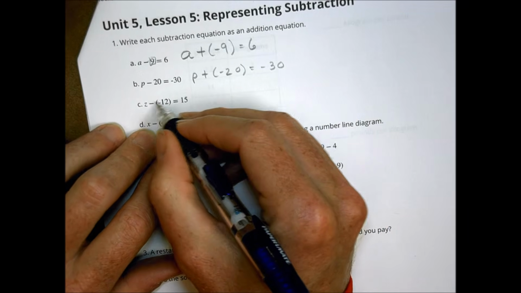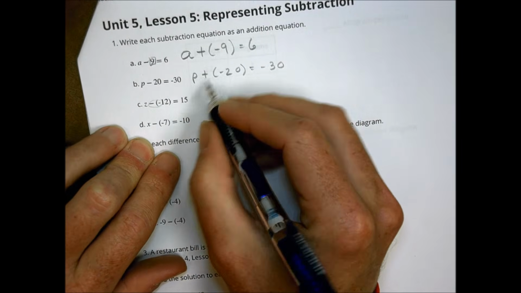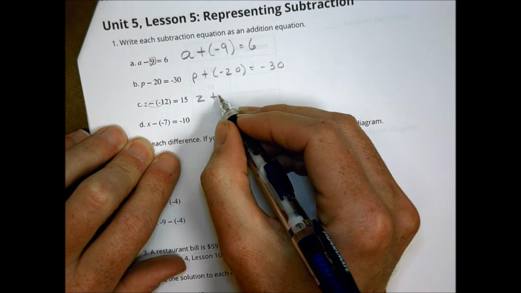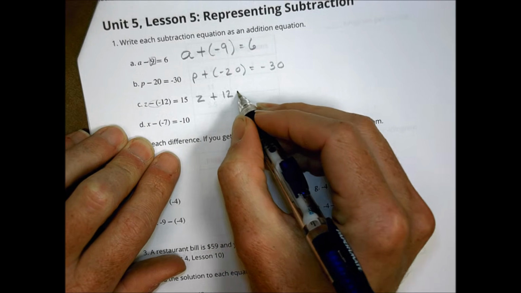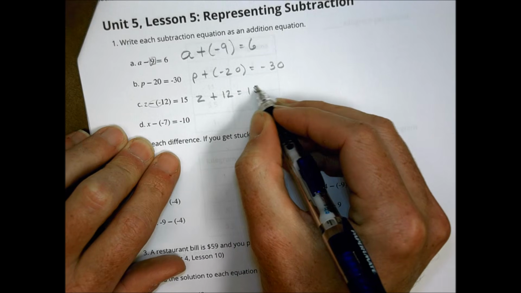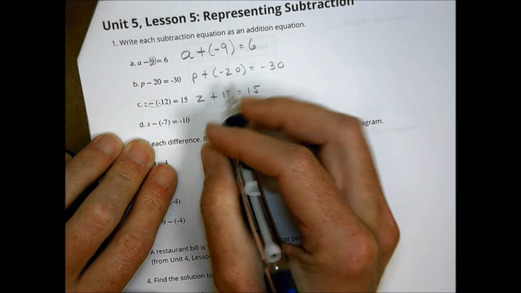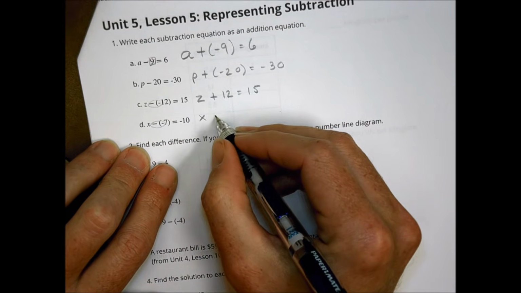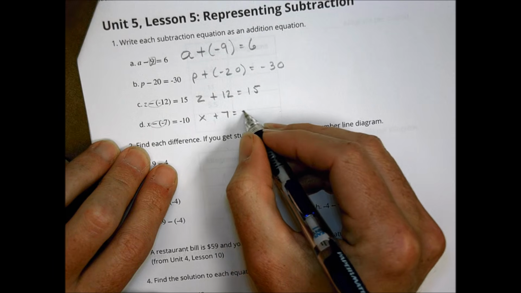Here, we're subtracting those, so it's to add the opposite. So we're going to write z plus, the opposite of negative 12 is positive 12, equals 15. And then over here, we can make that opposite, x plus 7 equals negative 10.